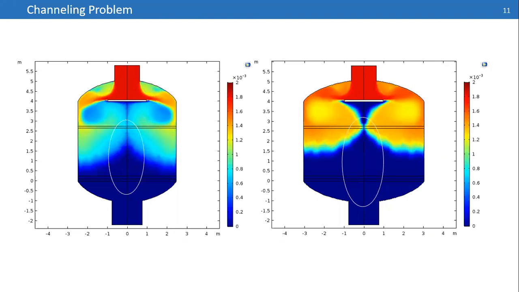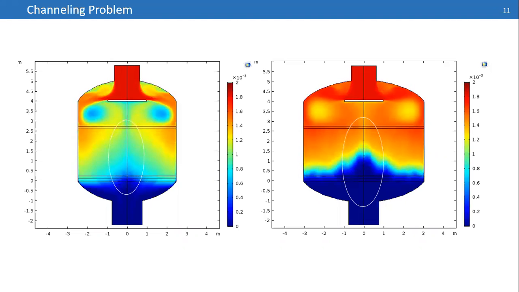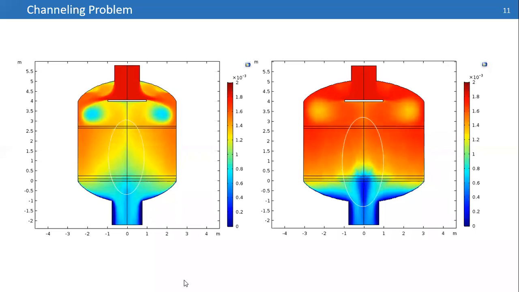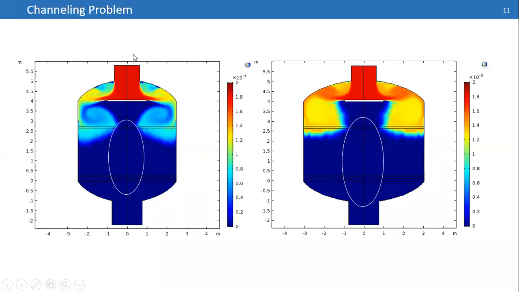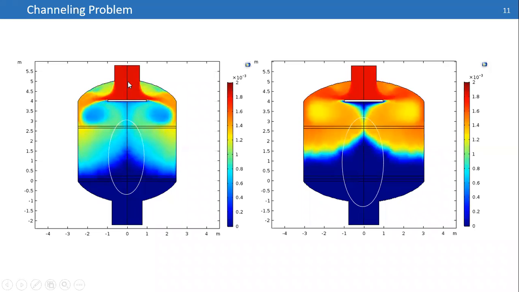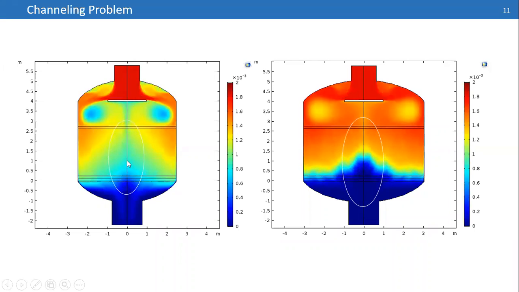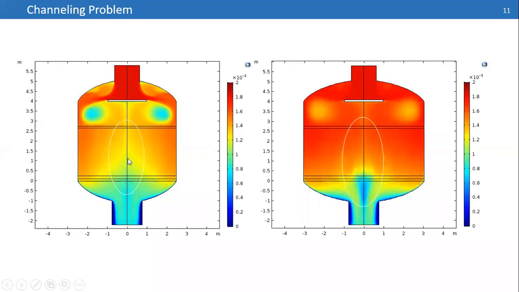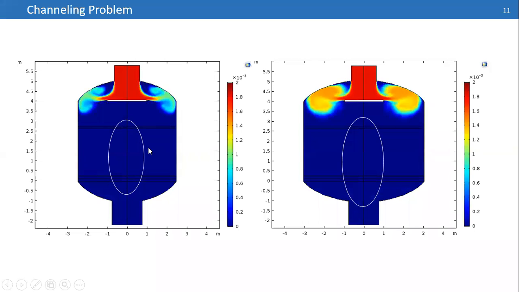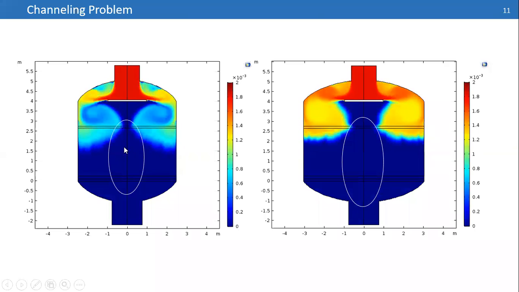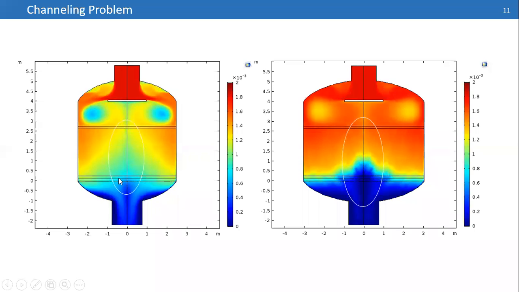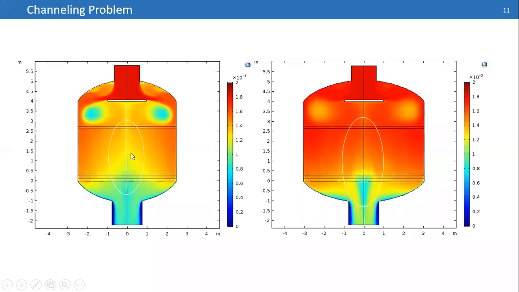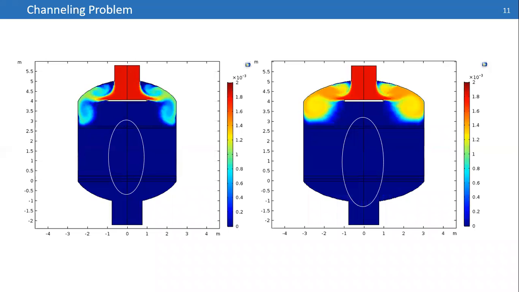So here we injected a specific concentration of a reactant, and that specific concentration just passes through the bed and the reaction or adsorption happens, and then it's going to be consumed. And at the level that it's finished, you need to just unload your adsorbent.